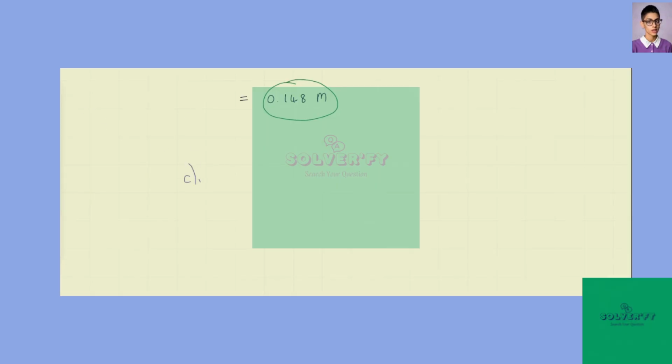For part C, we want to find the maximum acceleration. Now, the maximum acceleration can be found from the mass, spring constant, and amplitude. This maximum acceleration is the amplitude A times the spring constant k divided by the mass m.